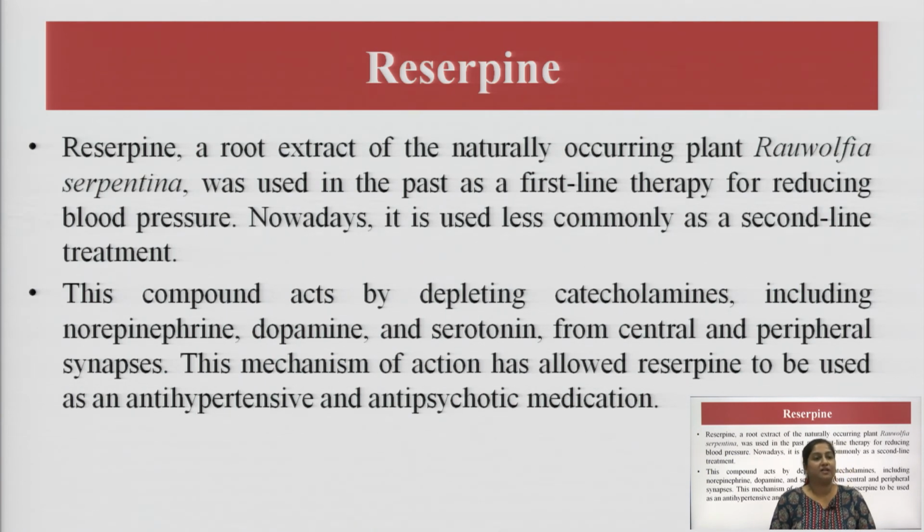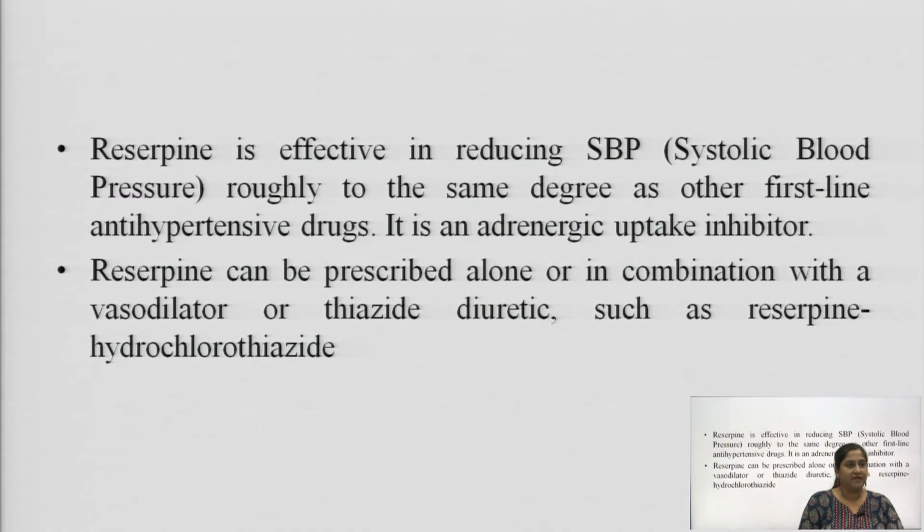These compounds act by depleting catecholamines including norepinephrine, dopamine and serotonin from central and peripheral synapses. This mechanism of action has allowed Reserpine to be used as an anti-hypertensive and also an anti-psychotic medicine. I am again repeating, this is the only medicine which is used naturally as an anti-hypertensive agent.